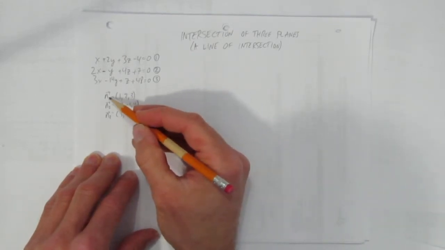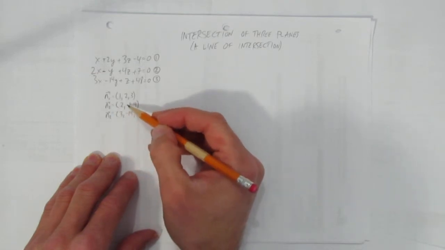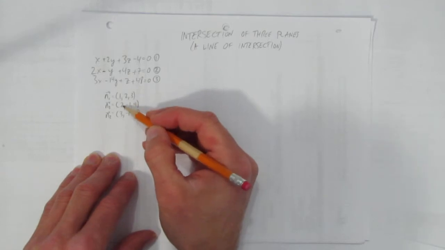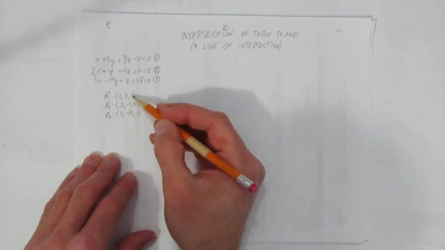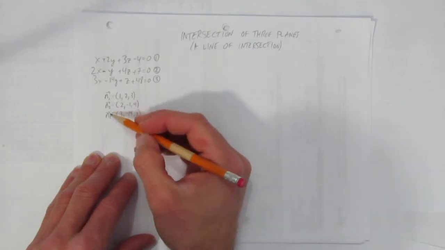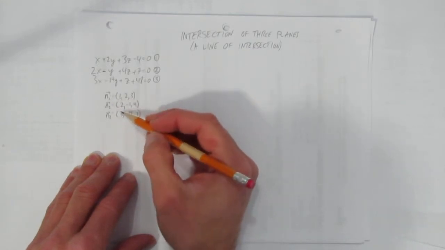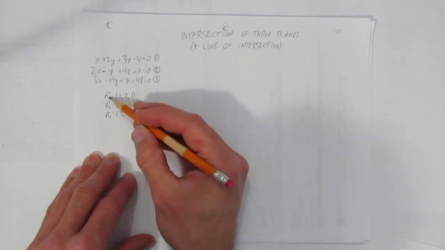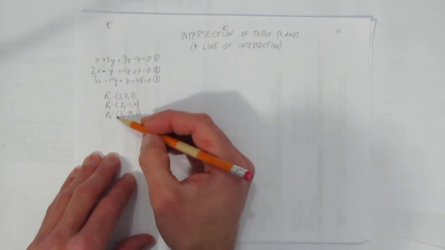I hope you can clearly see n1 and n2 aren't multiples of each other. To get from 1 to 2, 1 times 2 is 2, but 2 times 2 is not that, and 3 times 2 is not that. So these aren't multiples. Same thing with n1 to n3. 1 times 3 makes 3, but 2 times 3 you don't get negative 14. So normal 1 and normal 3 aren't multiples.